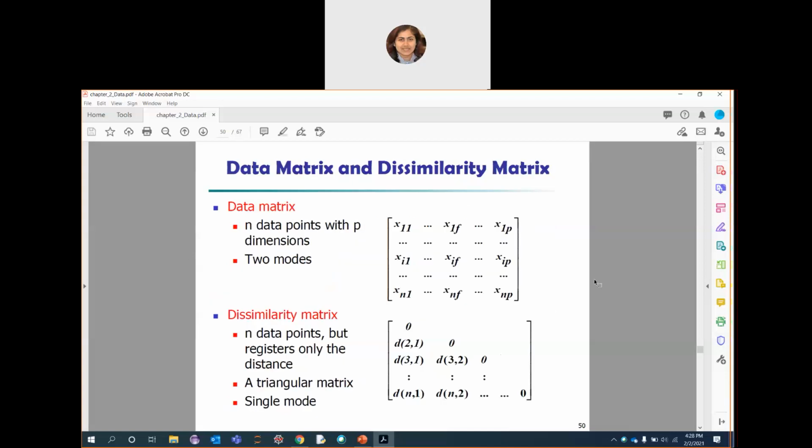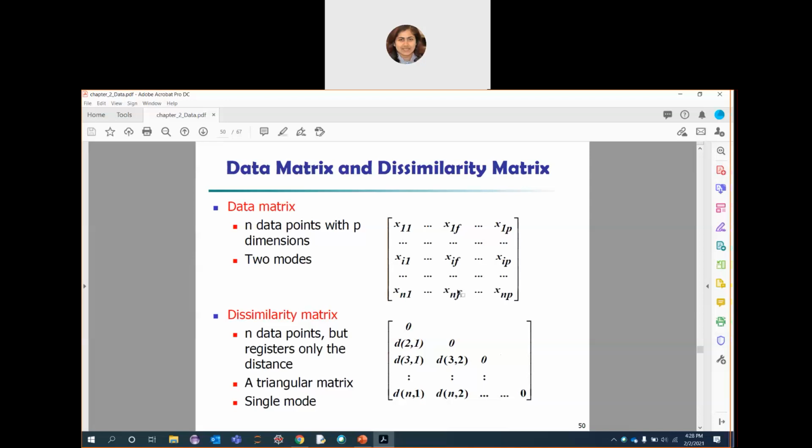Then how can you present the dissimilarity matrix from a data matrix? See the first one, the data matrix. A data matrix is called an object by attribute structure, and this structure stores the n data objects in the form of a relational table, an n by p matrix.